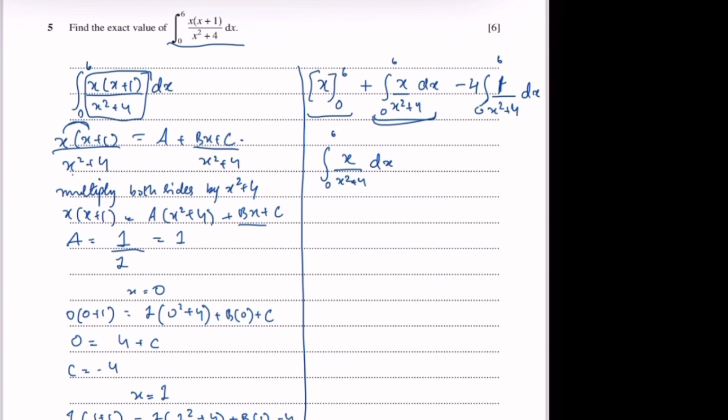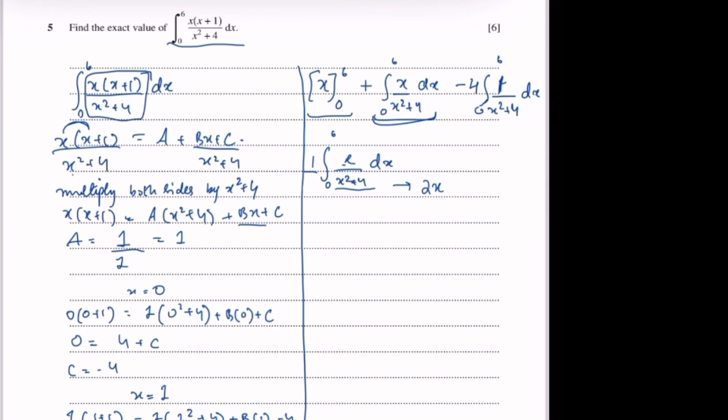If we see f dash of x upon f of x, and this term is x squared plus 4, the differential will be 2x, right? But over here we just have x. If I want to add 2 over here, I will just multiply this term by half, so that this 2 and this 2 get cancelled, and there's no overall change.